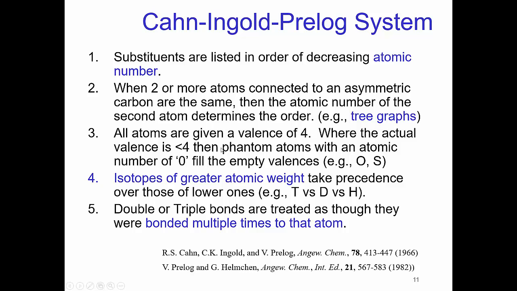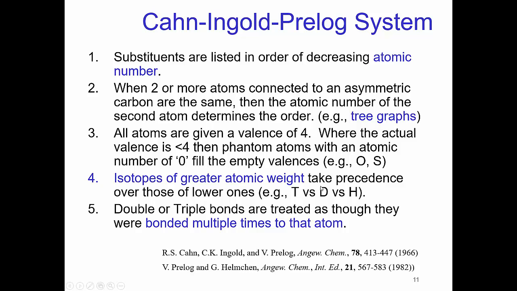And if for whatever reason the valency of the atom has less than 4, we'll consider that it has phantom atoms, in other words, where bonds would be, with an atomic number of 0. Some examples of this might be an oxygen or a sulfur, because they have 2 lone pairs of electrons. Normally we consider the valency of these to be 2, not 4. So those would be examples where this might take place.